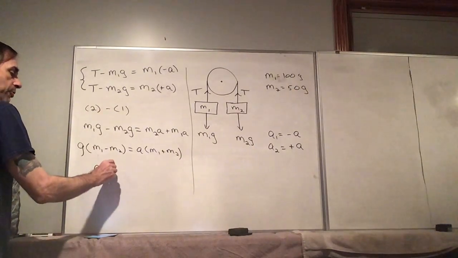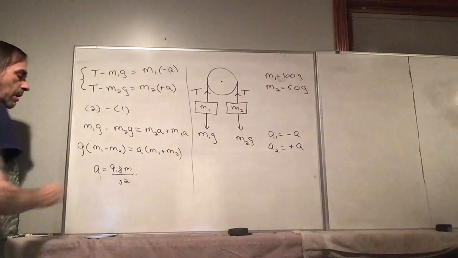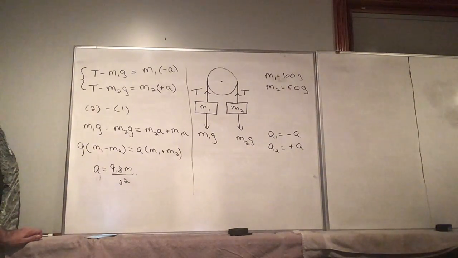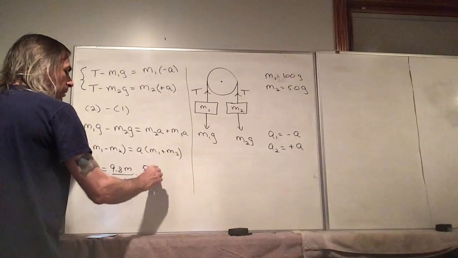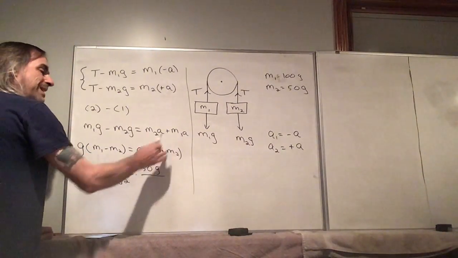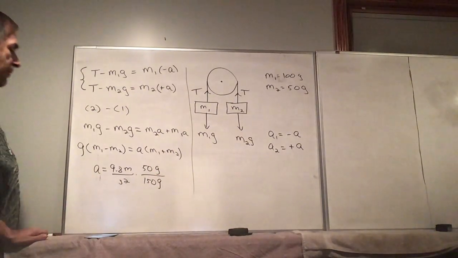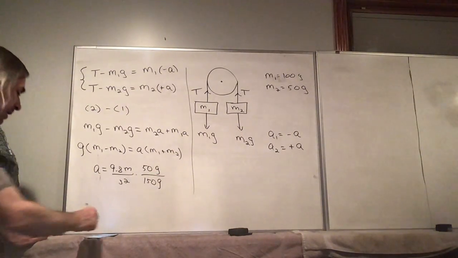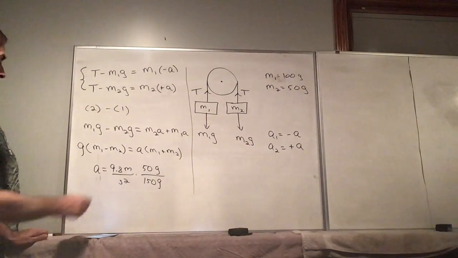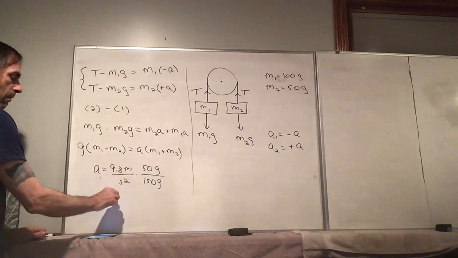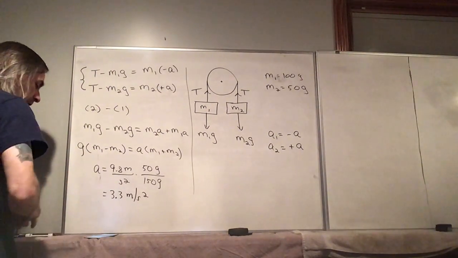And our acceleration would be g times M1 minus M2, so that'd be 50 grams over M1 plus M2, which is 150 grams. And so that'd be 9.8 over 3, so like 3.3. So that would be the Atwood machine.